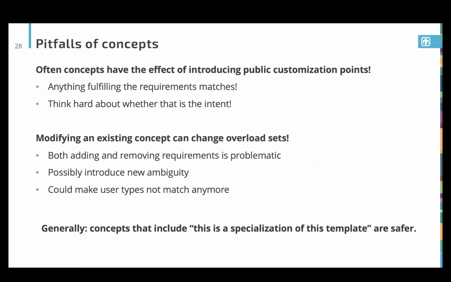What if that parenthesis operator doesn't actually do an assignment? What if it does all kinds of random side effects? You really need to think about whether you really want to introduce that public customization point, because the problem is that if you change your concept, you change overload sets, you change what matches the thing.